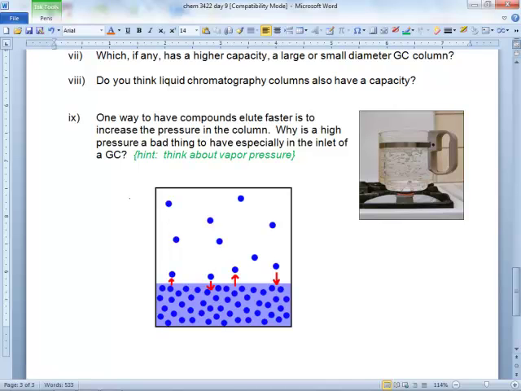Why is a high pressure a bad thing to have, especially in the inlet of a GC? Let's just focus on this part: why is a high pressure a bad thing to have in the inlet of a GC? Think about it.